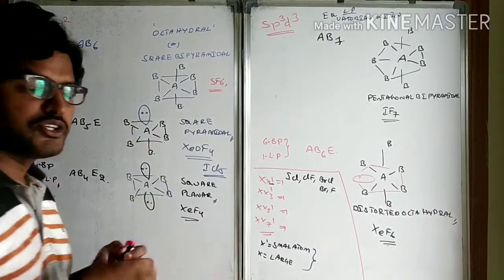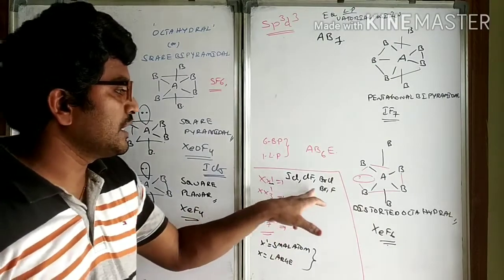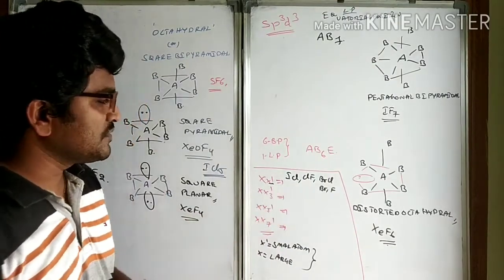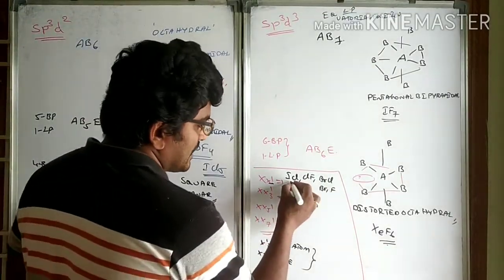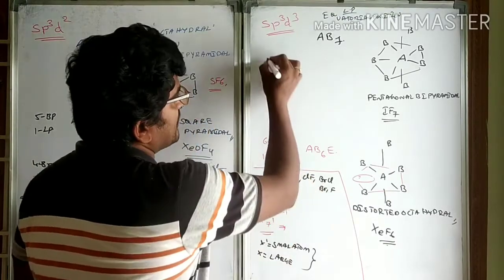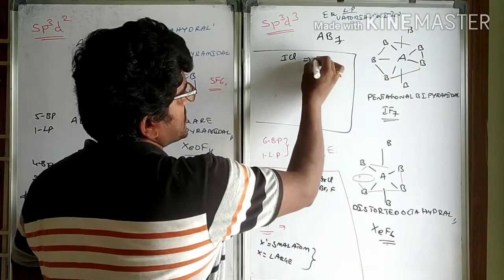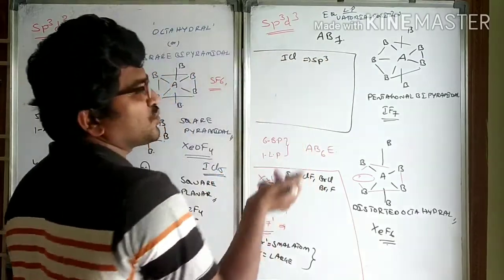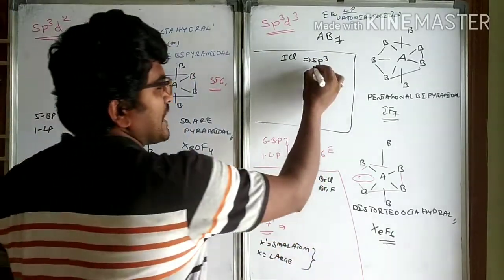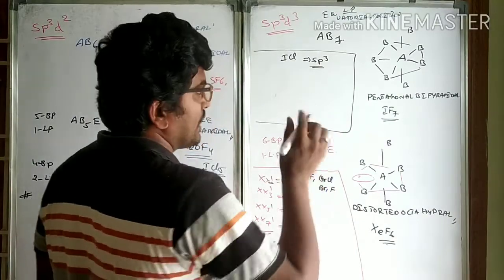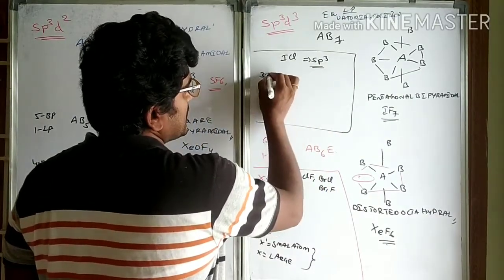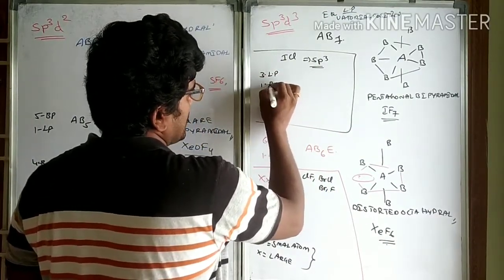There is a table in your NCERT textbook based on this. So what is the structure of ICl? The hybridization in ICl is sp3: (7 plus 1) by 2 gives 4, so there are 4 hybrid orbitals. Here 3 lone pairs and 1 bond pair are there.